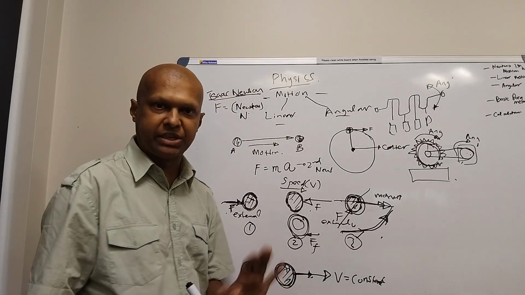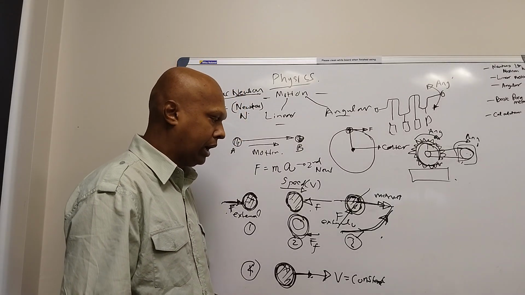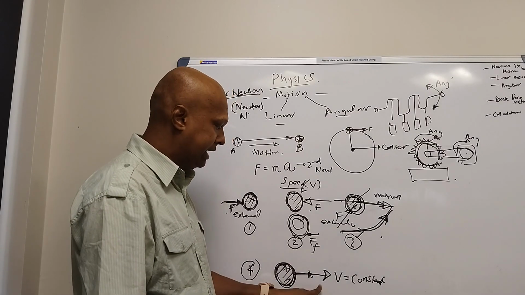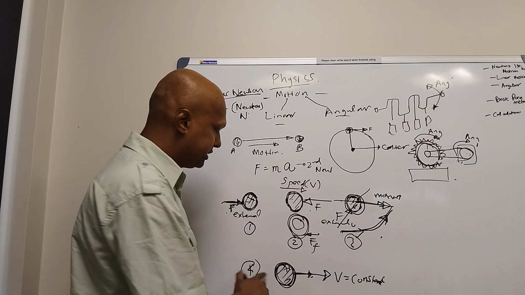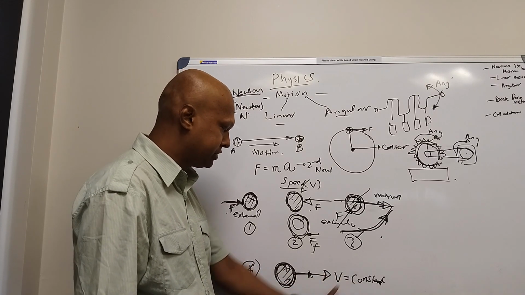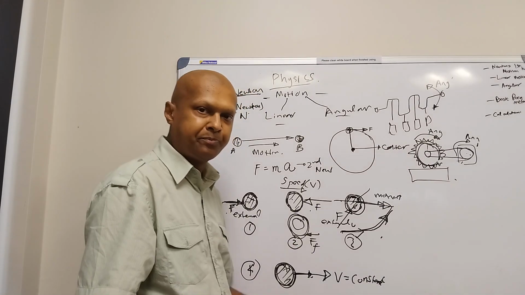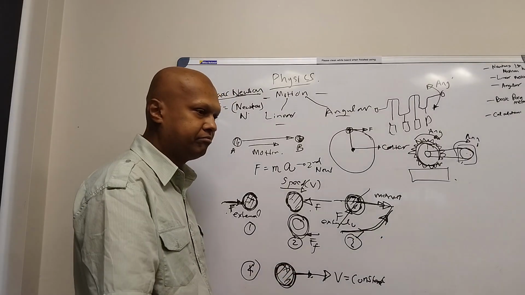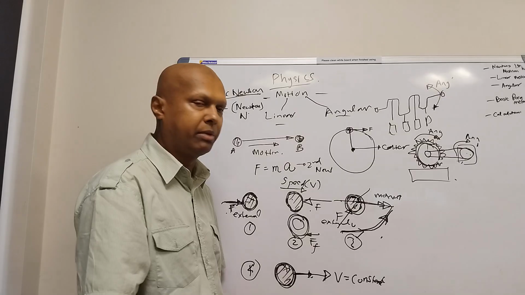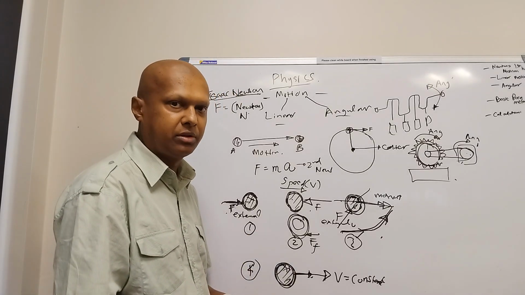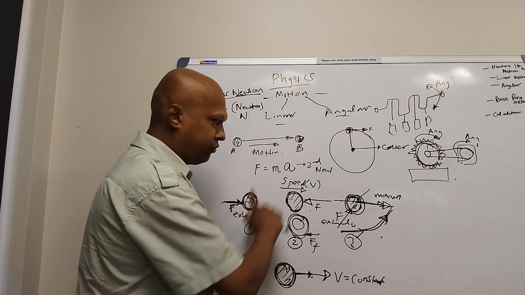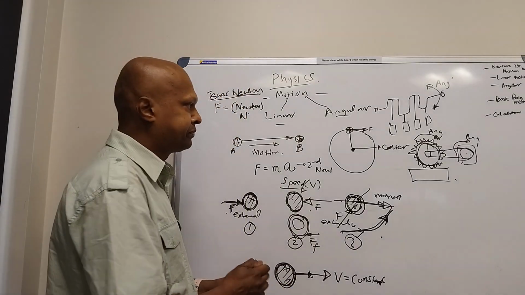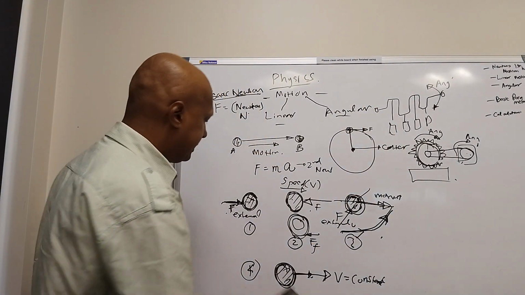I haven't discussed any parameters yet, so I will discuss them shortly. Just remember, this is the fourth scenario: the velocity is constant, and it keeps moving with that velocity. So these four scenarios are what Newton's first law is.